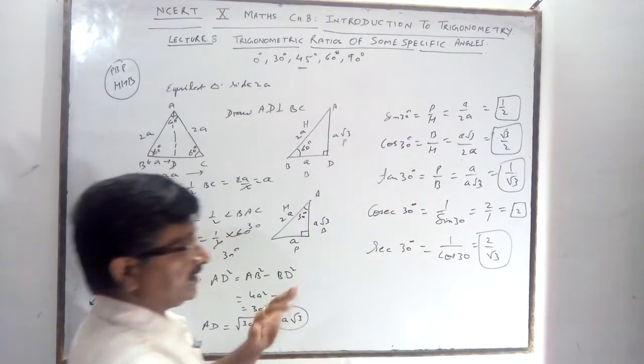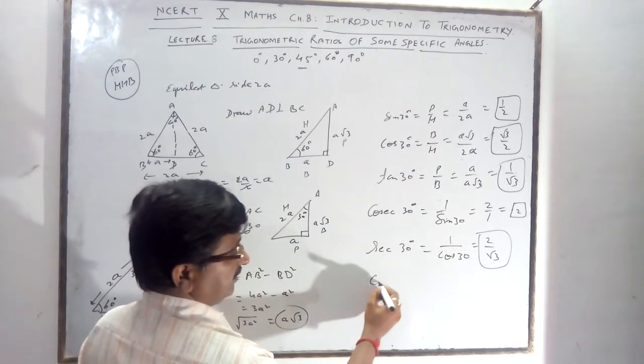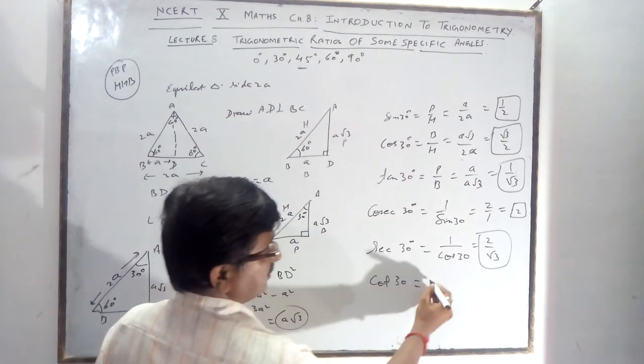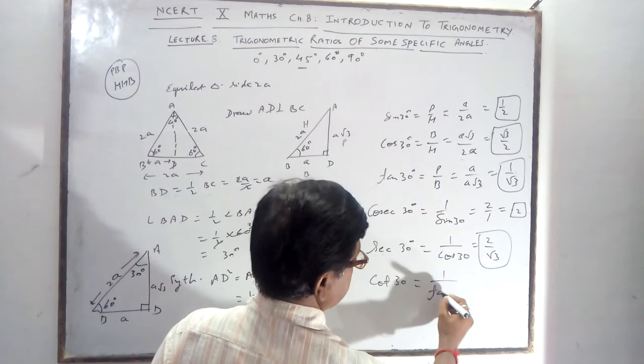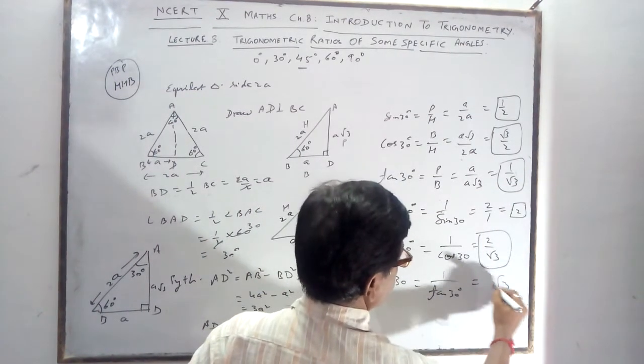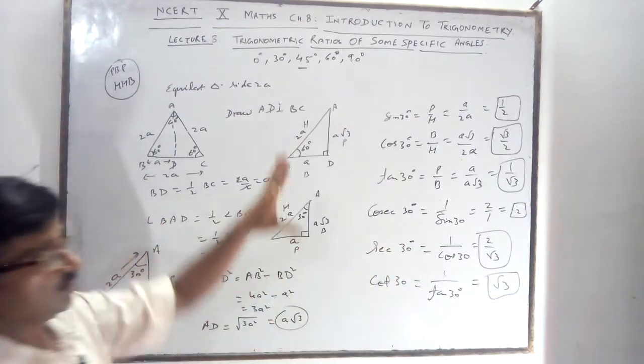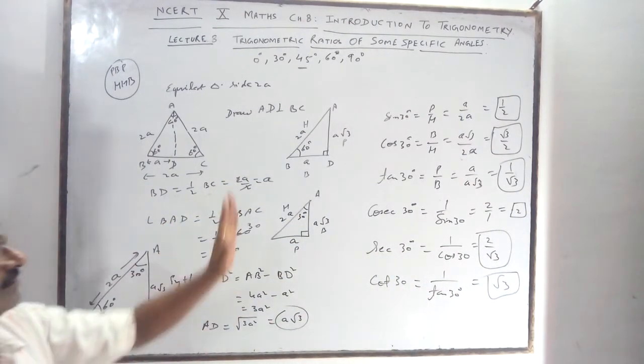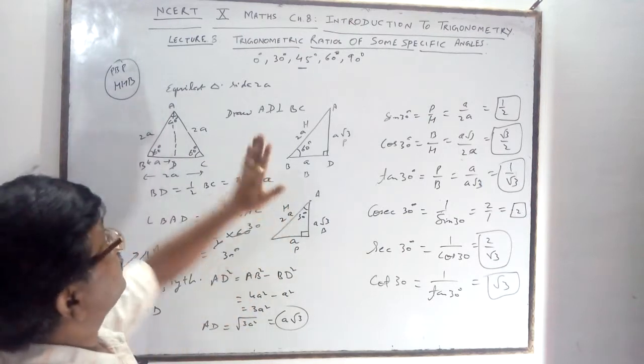Just opposite, you are getting the results. And then cot 30 will be 1 upon tan 30. Here 1 by root 3 reciprocal is root 3 by 1, which means root 3. So all the values you are getting for 30, 60 and 45.